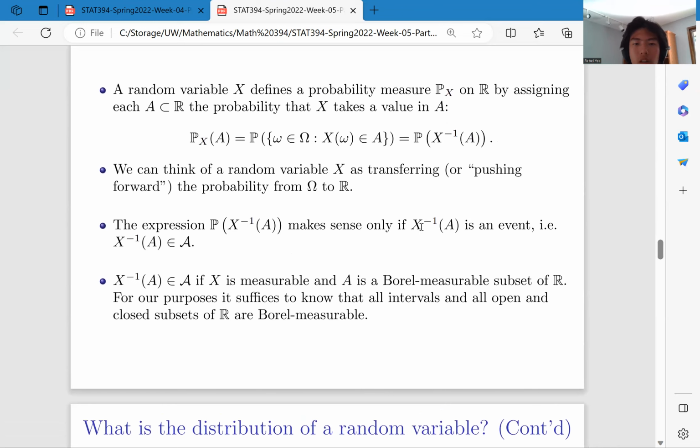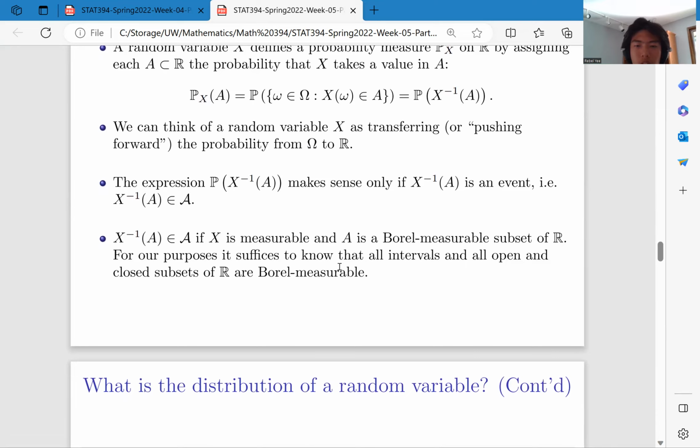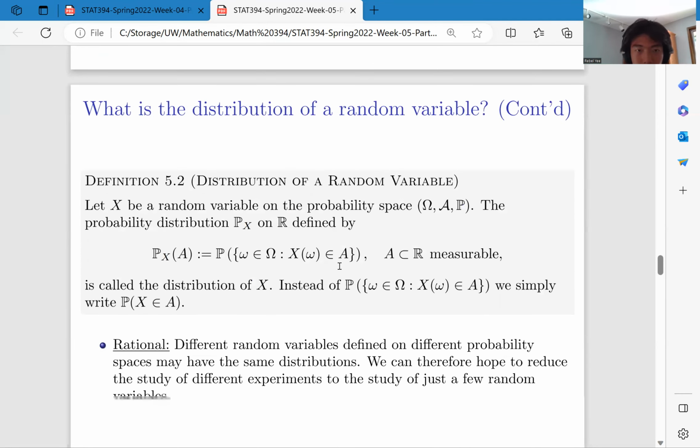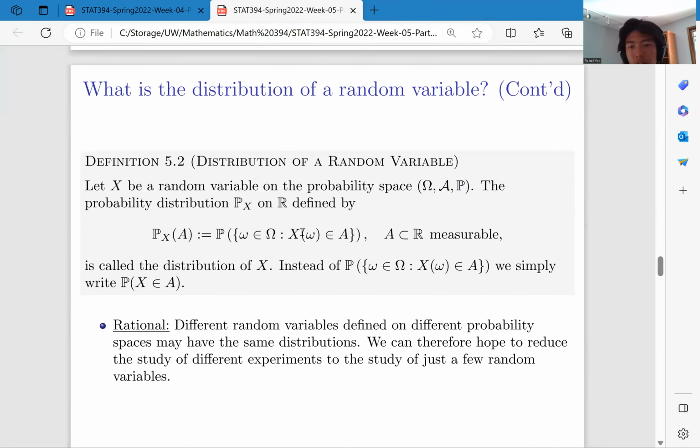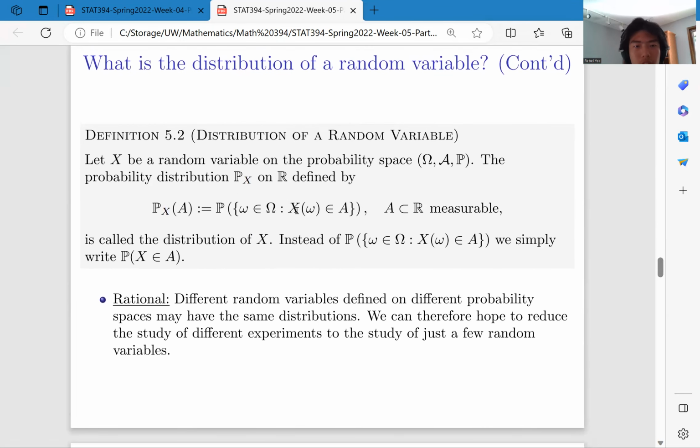We can think of a random variable X as transferring the probability from the sample space to the real numbers. So this is no doubt, and let's give a more precise definition of the distribution of a random variable. Let X be a random variable on a probability space (Ω, F, P).